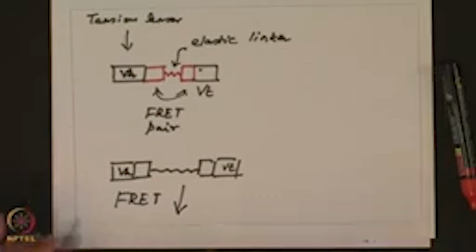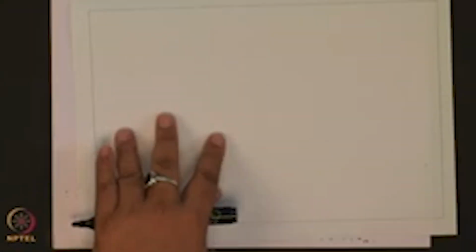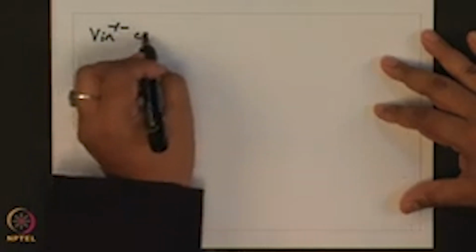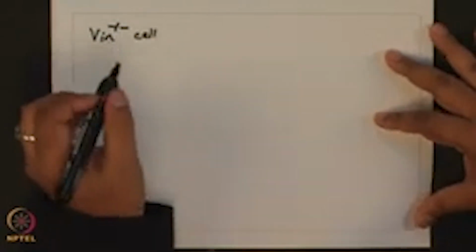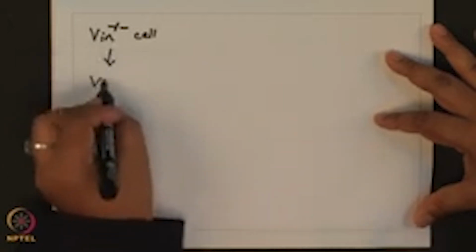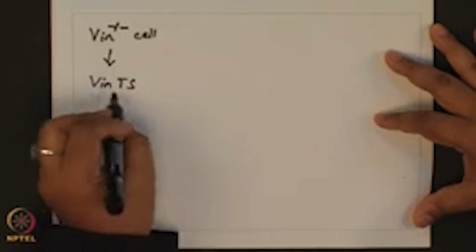So, this is the idea of their tension sensor design. So, what they first did was they wanted to evaluate the responses of vinculin to cellular forces. So, for that they first generated a vinculin minus cell, which does not have any vinculin of its own, and then they transfected it with this vinculin tension sensor construct.